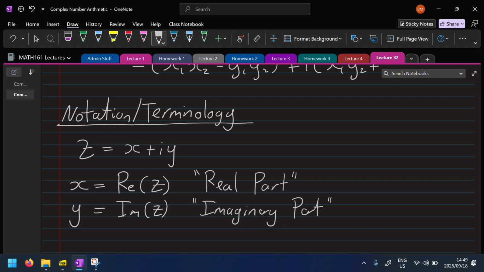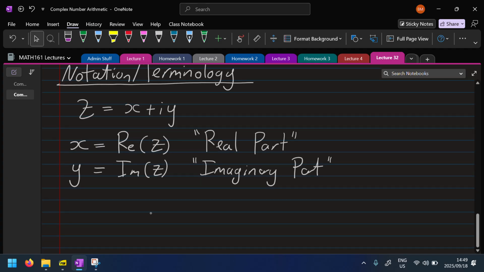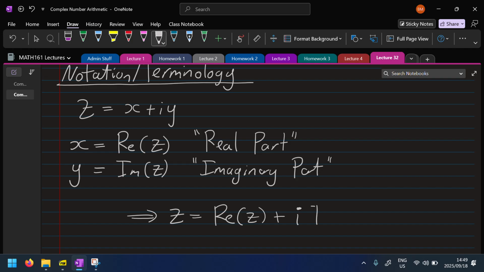So any complex number z can be written as the real part of z plus i times the imaginary part of z.